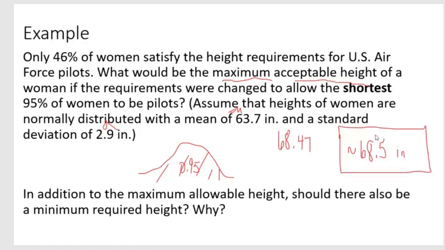Now, sometimes you're going to have some interpretive questions also besides the math. So here's one that is what I mean there. You just have to really think about it and think about what makes sense. In addition to the maximum allowable height, should there also be a minimum required height, and why? Now, rather than you typing in answers, you will have choices to look through.